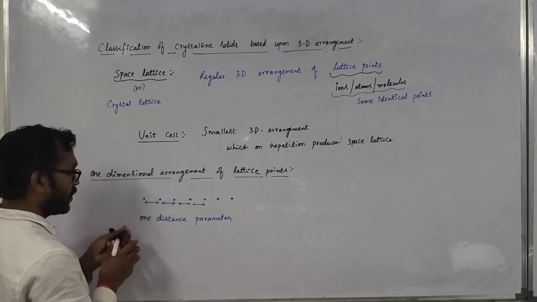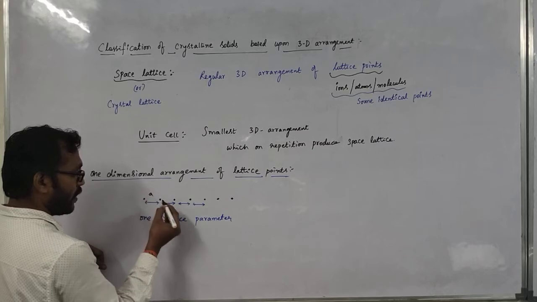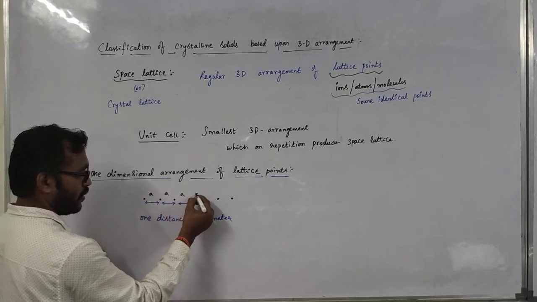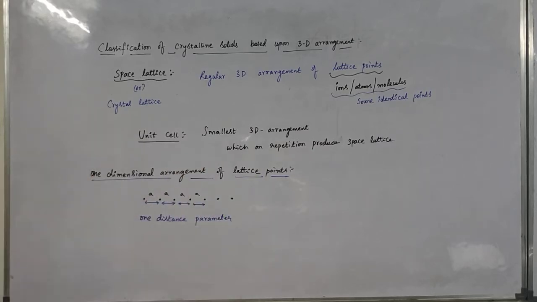Let me assume they are separated by a distance of a. Here also a, and so on. So one distance parameter a is sufficient to express them.